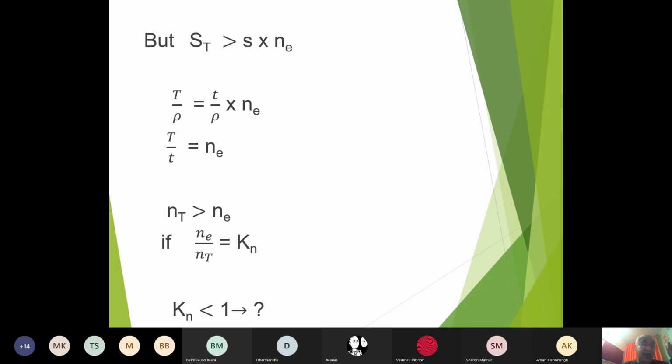You see, if Kn is reaching 1, what is it indicating? It means that NE is equal to NT, so the situation is that my fibers are all straight and parallel. But normally in a yarn you have imparted a twist, and the moment you impart a twist, the fibers will not be straight and parallel. They will follow a helical path.